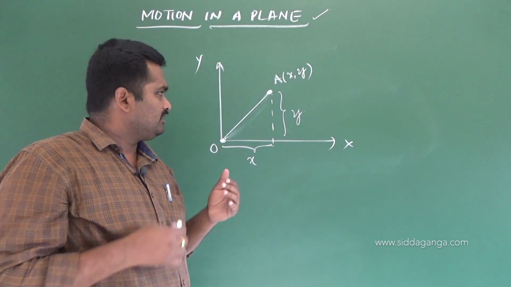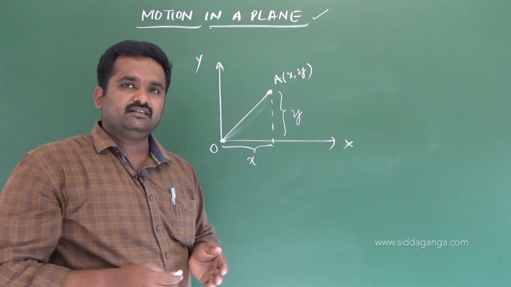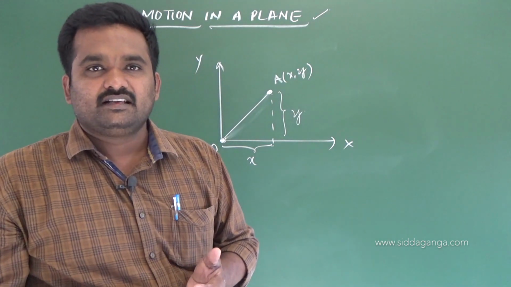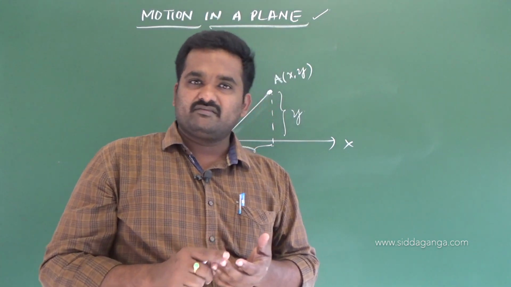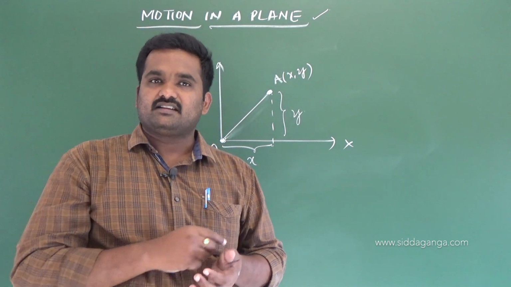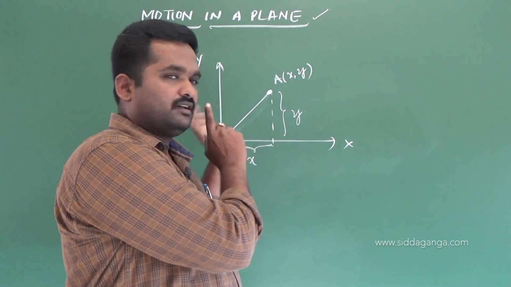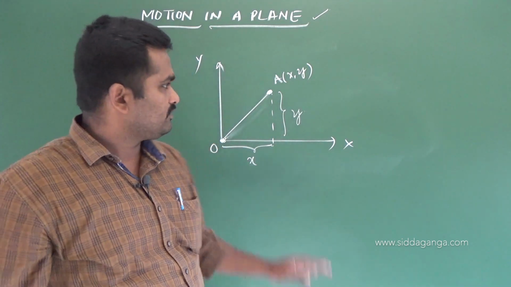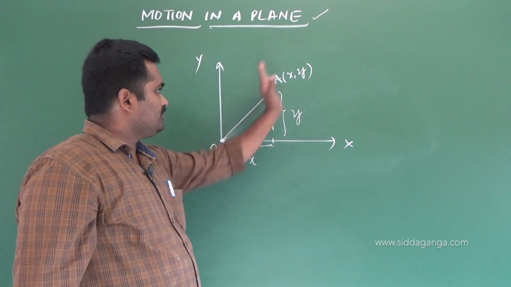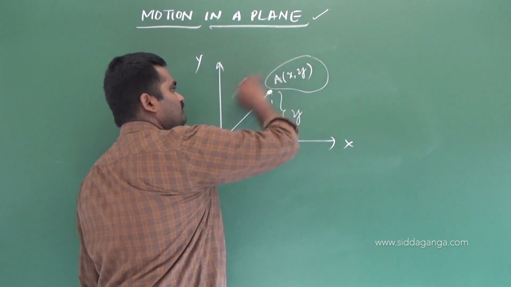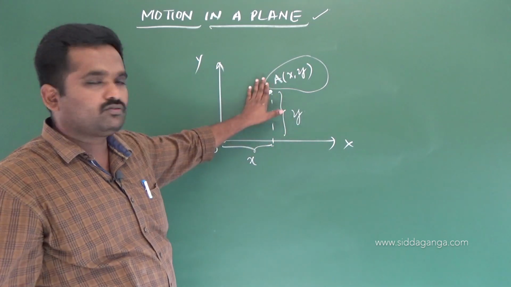Not only the position of the particle, just like how you studied various parameters like position, displacement, velocity, acceleration and other parameters in a straight line, once again we have to recall all this here. First of all, to represent the position of a particle in a plane, how many coordinates are we in need of? Two coordinates.